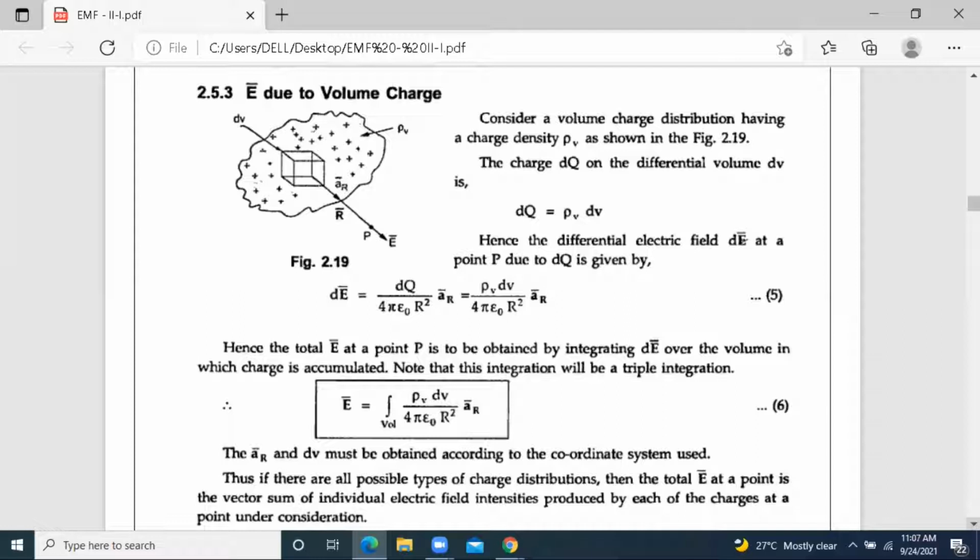But like we said at the beginning, we will only be concerned about the rectangular, the cylindrical, and the spherical system, right? So let's look at this basic one now.